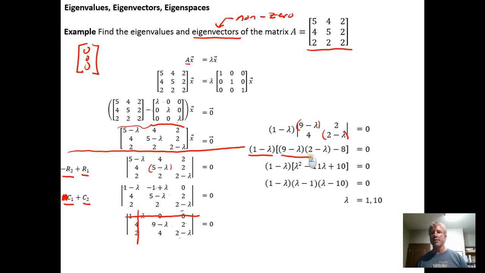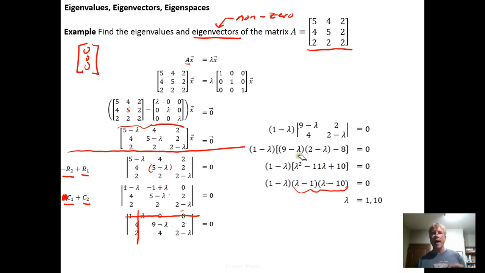So we want to focus the simplification on the inside of this parentheses. So multiplying this out and simplifying by combining like terms yields the second degree polynomial lambda squared minus 11 lambda plus 10. And then this is going to factor as lambda minus 1 times lambda minus 10, which you can verify by multiplying this out to see that we get back the previous result.